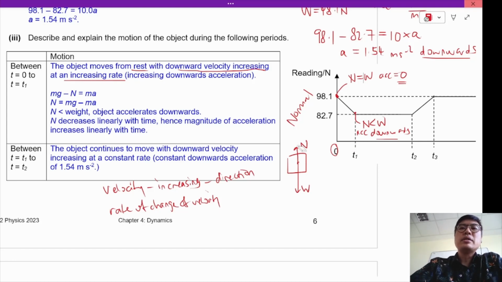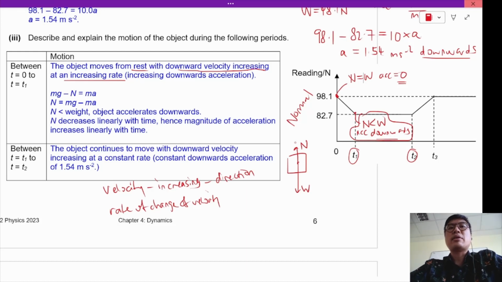Now, between t1 and t2, you can see that the same situation applies. The normal is less than the weight, so the acceleration is downwards. So the object moves with downwards velocity that is increasing at a uniform or constant rate because it's constant acceleration.